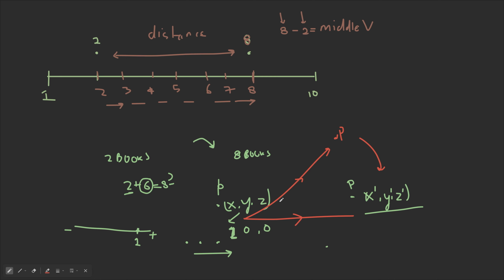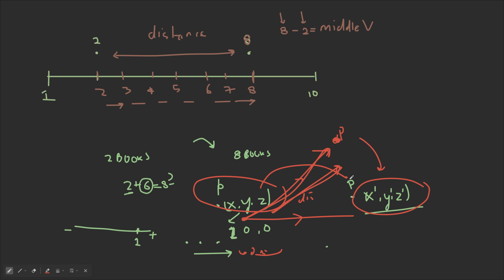So if I somehow get this value, I will get this direction plus the distance from origin, right? The origin is 0, 0, 0, so we don't need that. But if I say this value and this value, how much do I need? I will just subtract this from this.